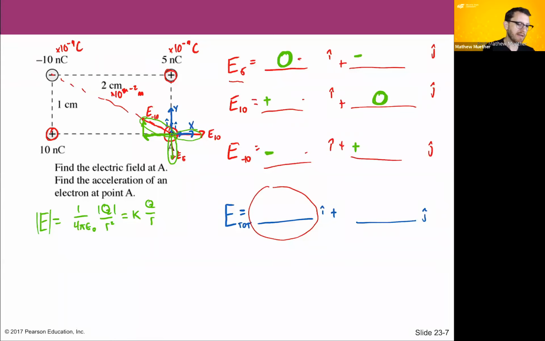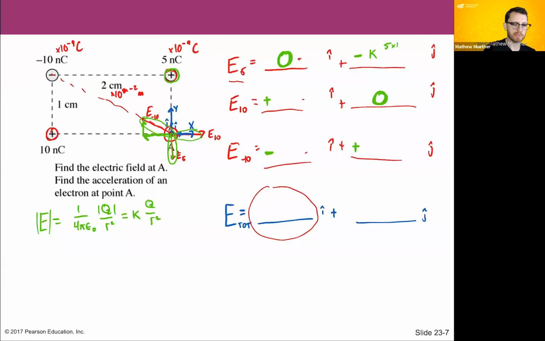For the 5 nanocoulombs of charge, we just established that there's no component in the x direction. So that means all of that electric field has to point in the negative y direction. So this has to be k times 5 times 10 to the minus 9 coulombs divided by, now what's the separation?